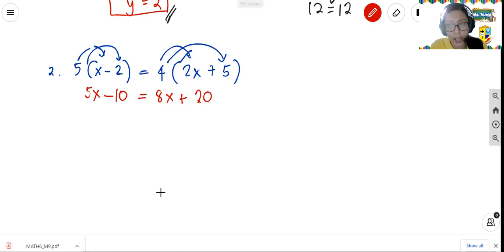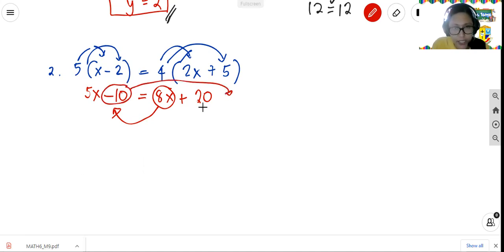Now, again, we have to isolate all the variables with x, or all the terms with a variable. In this case, it's x. So what I need to do, I have here 8x. I can transpose it to the left side. And then negative 10 here, I don't need it here. So I have to transpose it to the right side.